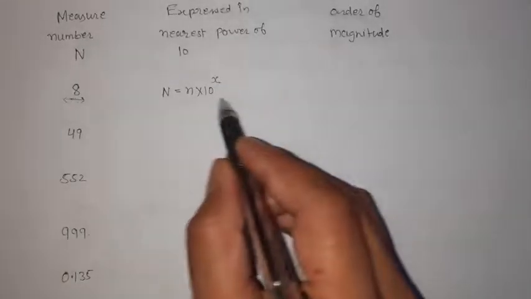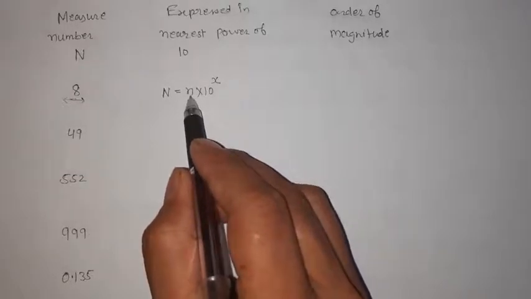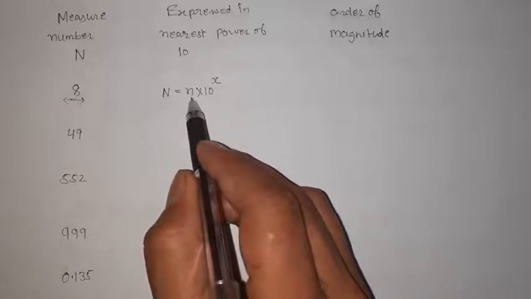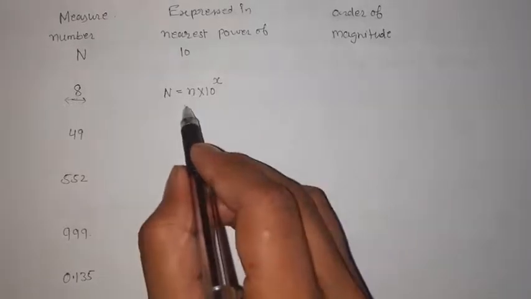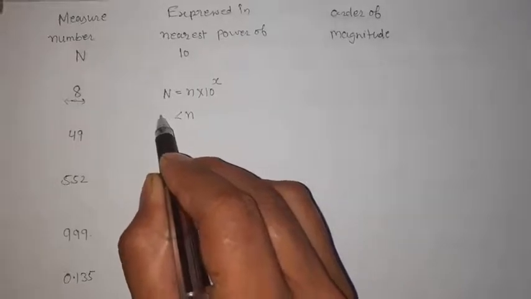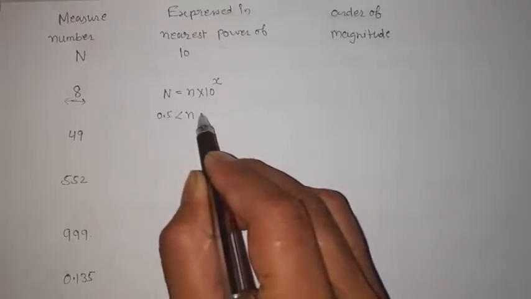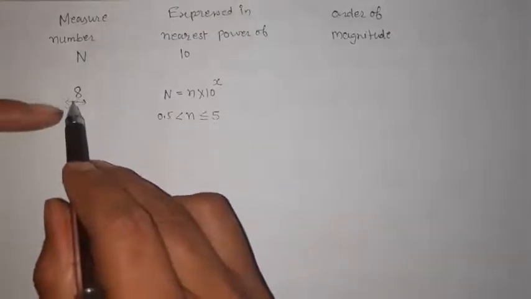It is instructed to us that जो n है इसकी वैल्यू हमारे पास ग्रेटर देन 0.5, वट लेस देन और इक्वल टू 5 होनी चाहिए. ओके, सो जस्ट टू चेक ओवर हेयर, again I am going to write the condition: n should be greater than 0.5 and it should be less than or equal to 5. Okay, now check that one.